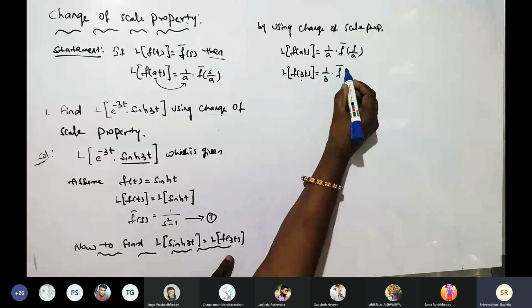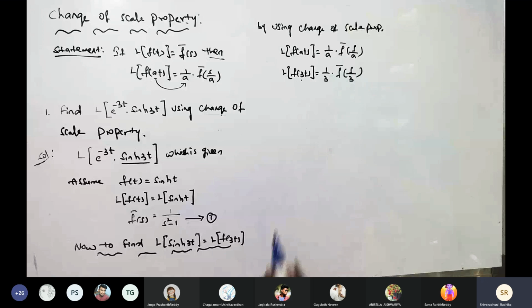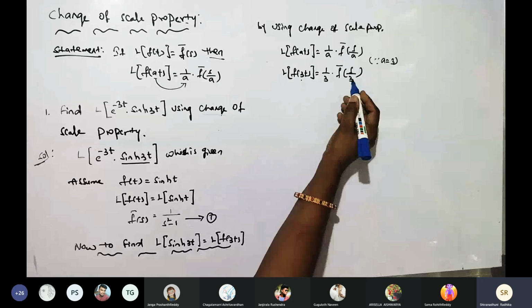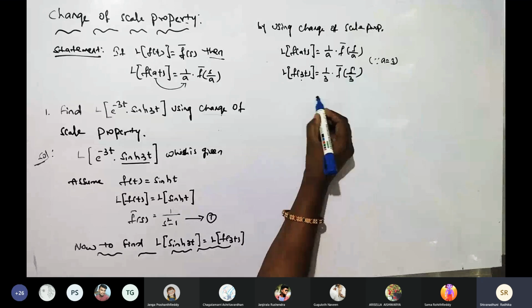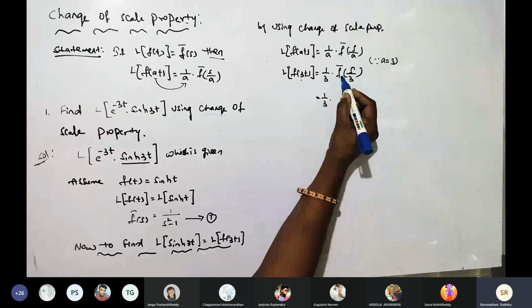I'm going to substitute the value a equals 3, so we get s by 3. So 1 by 3 into f bar of s by 3. What is the meaning of f bar of s by 3?